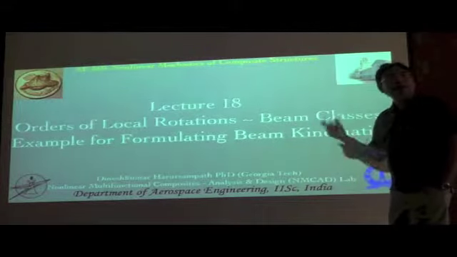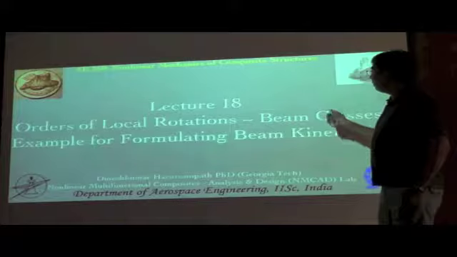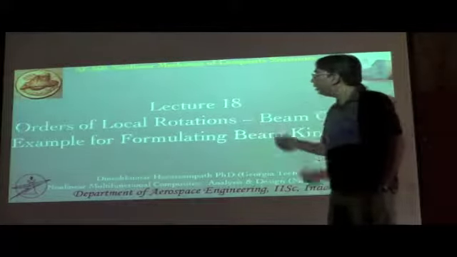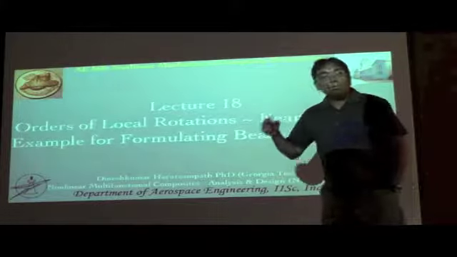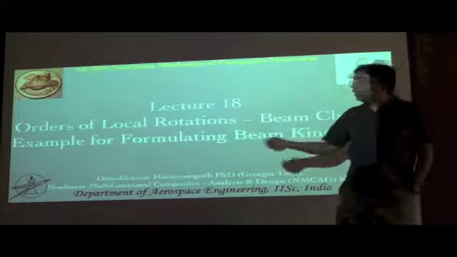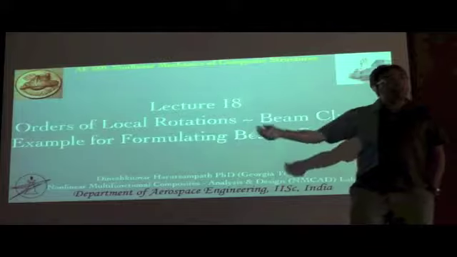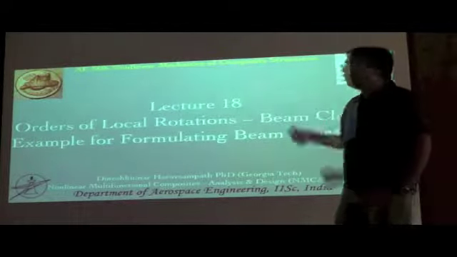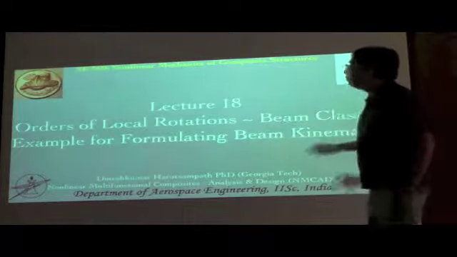If you recollect, the classes R, S and T. And for those classes, what are the typical orders of local rotation is what we will speculate upon. At this point, we can only speculate because we have not actually derived the expressions for the 3D strains, at which point of time we will be able to come back and verify what we speculate upon today.